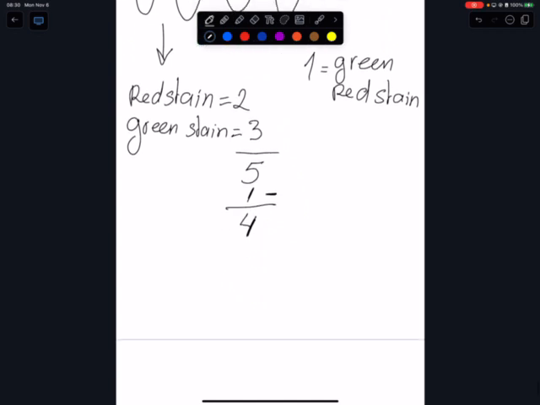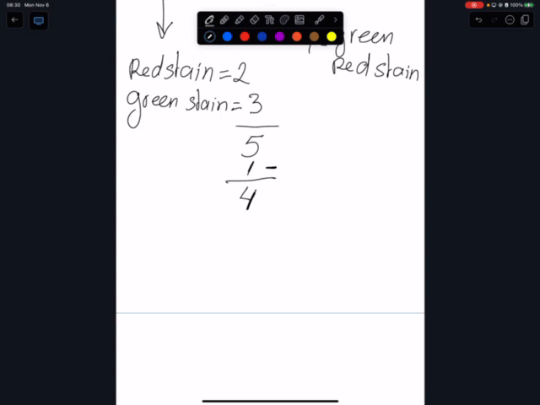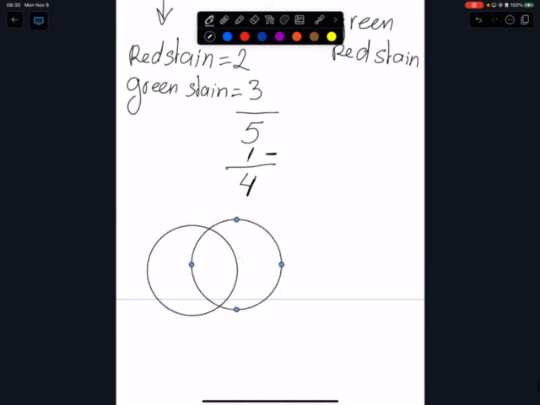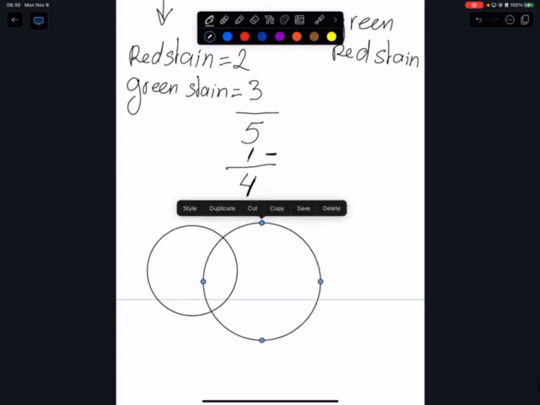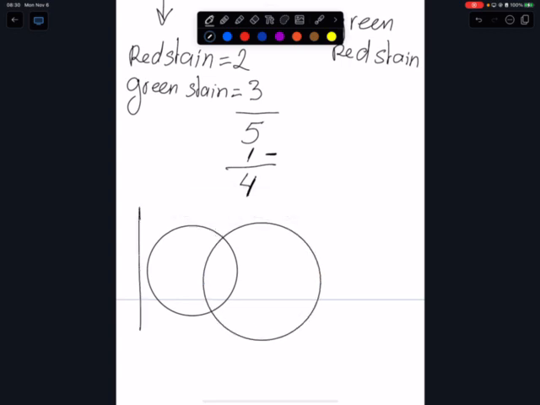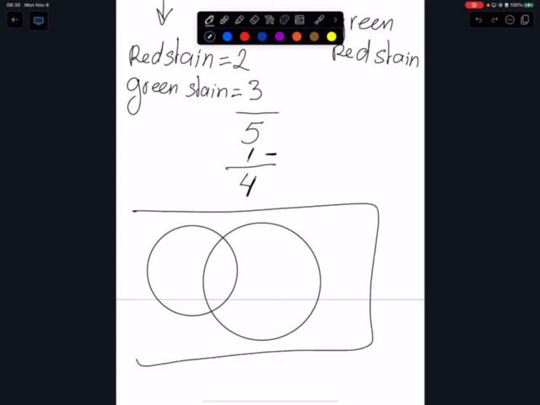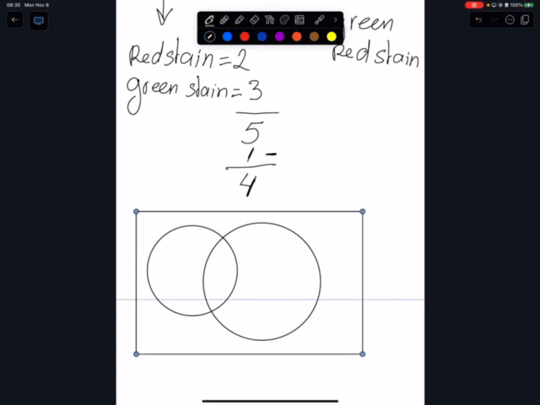To represent this information in a Venn diagram, these are red stains.